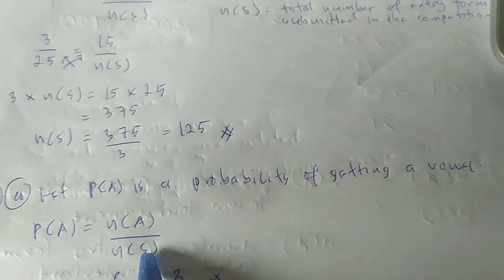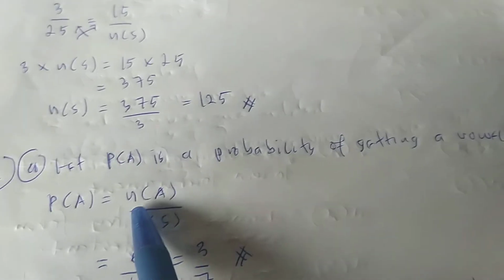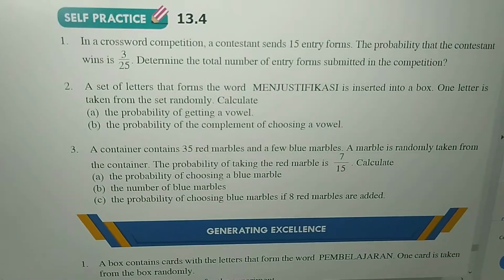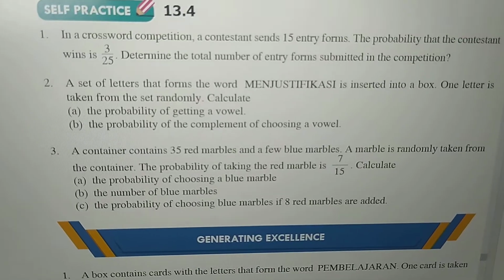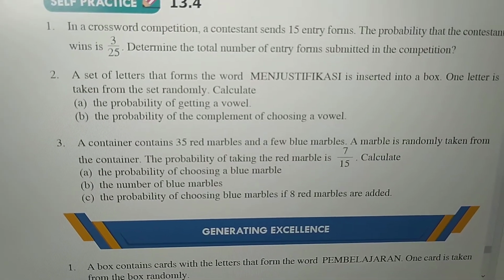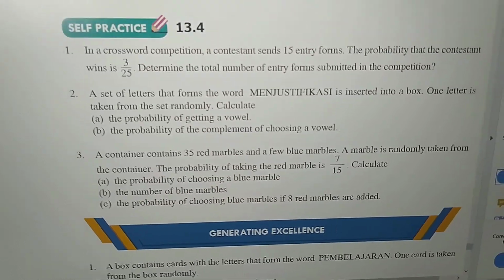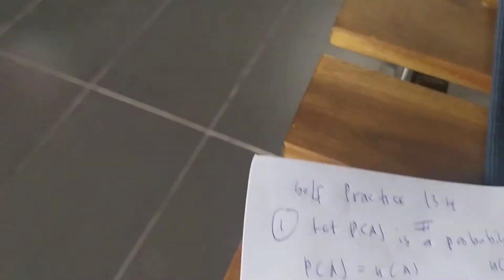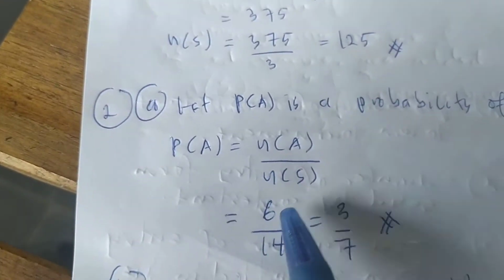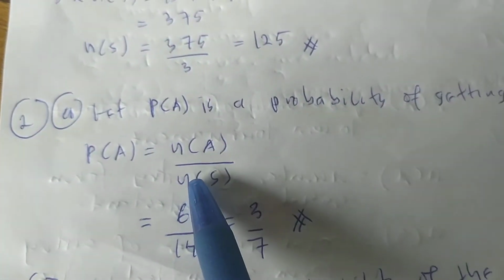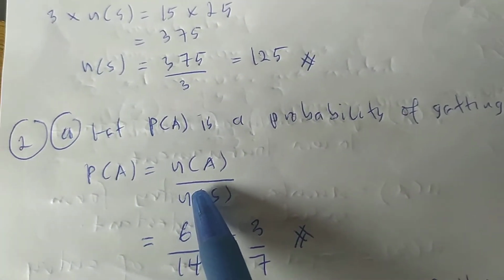In the question, the event A is getting a vowel. That means you have to know how many vowels there are in the word menjustifikasi. You have to calculate how many vowels there are. After you calculate, you will find there are 6 vowels in the word menjustifikasi.